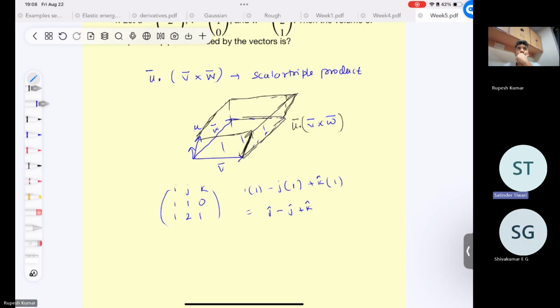Can you explain u dot v cross w, the concept behind this? And one more thing, v cross w gives you the area of the base, right? The magnitude of v cross w will give the area of the base, I think so. Yeah, that magnitude will give you the area of the base, right? And then height will be represented by what, sir? I'm not understanding this here.